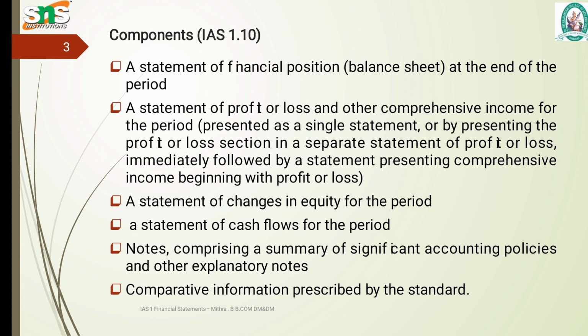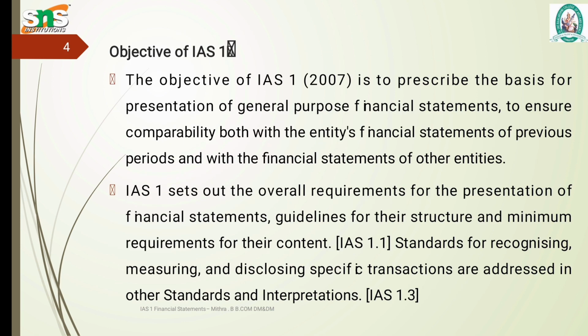This is another component: a statement of changes in equity for a period, a statement of cash flows for a period, notes comprising a summary of significant accounting policies and other explanatory notes, and comparative information prescribed by the standards. This is known as the components of IAS 1.